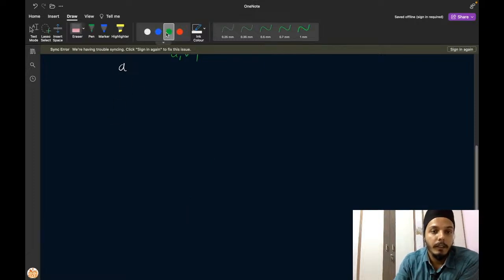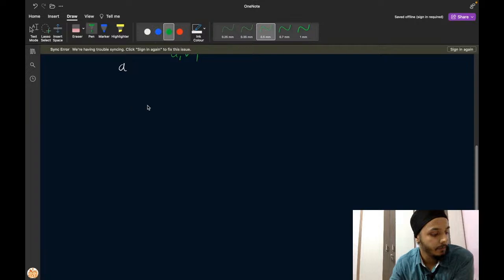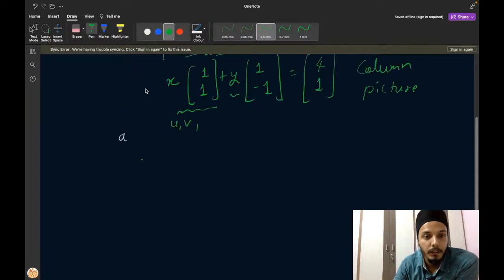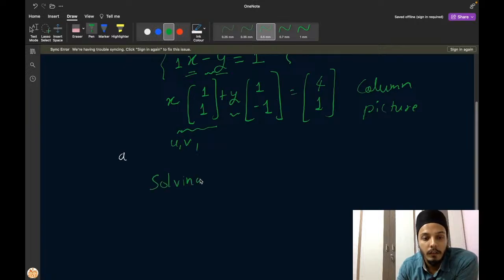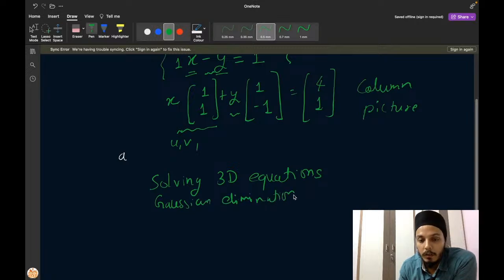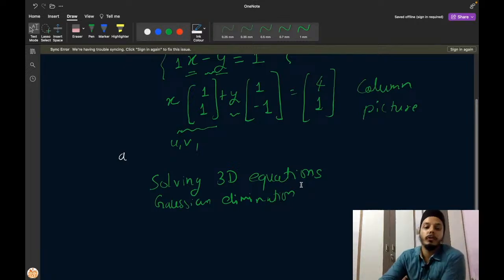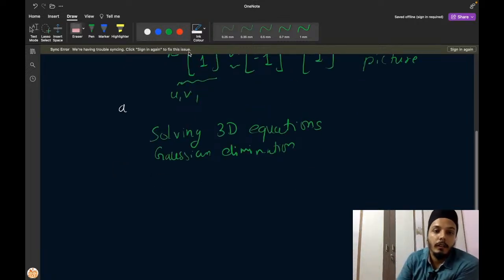But in this module, what we will have is solving 3D equations using Gaussian elimination. So we will see the whole algorithm that is used to solve these 3D equations.